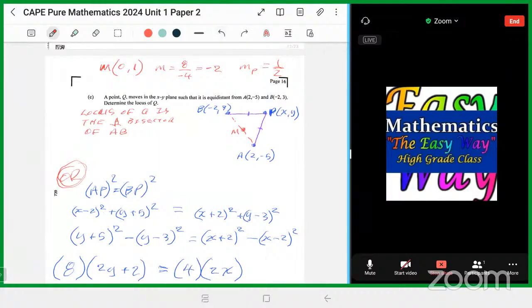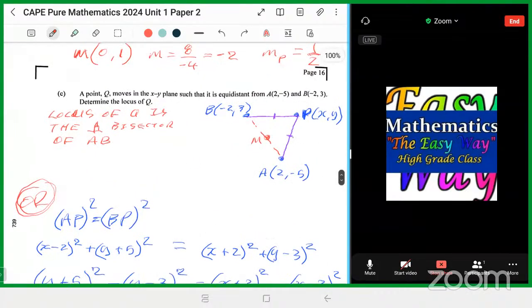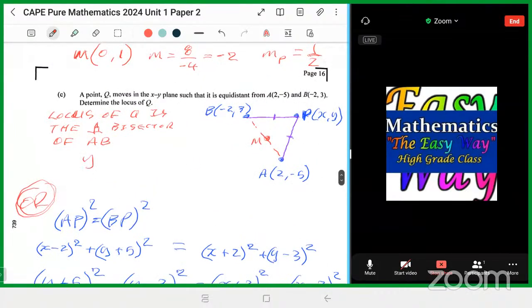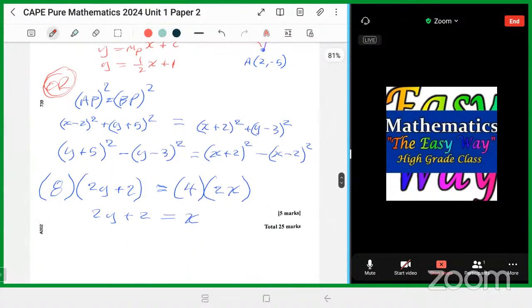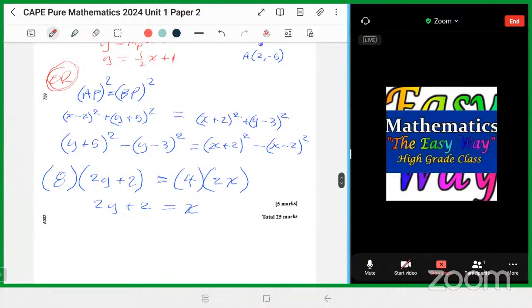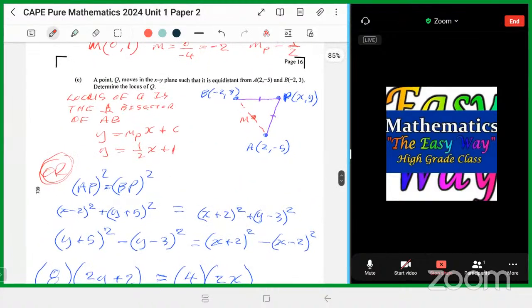This is the gradient of the perpendicular bisector. So the equation of the perpendicular bisector becomes y equals mx plus c, and we have a c. So it becomes y equals half x plus 1. If you look at this equation, it's the same thing, because if I multiply by 2, it's the same equation.